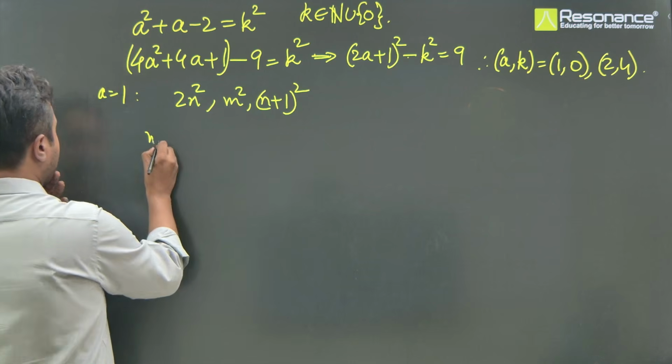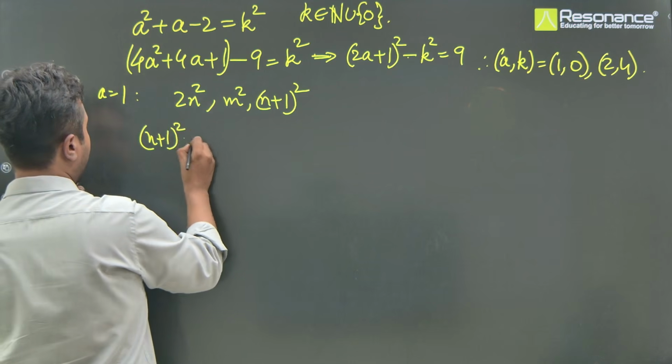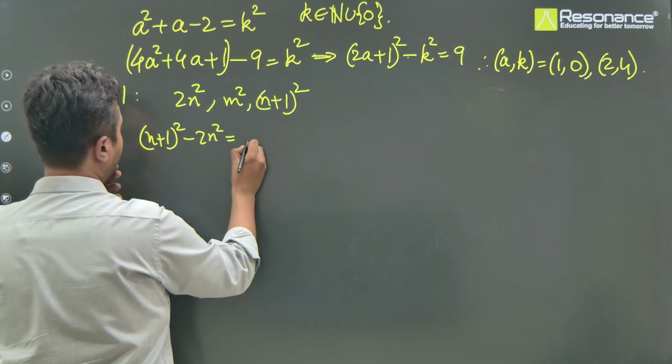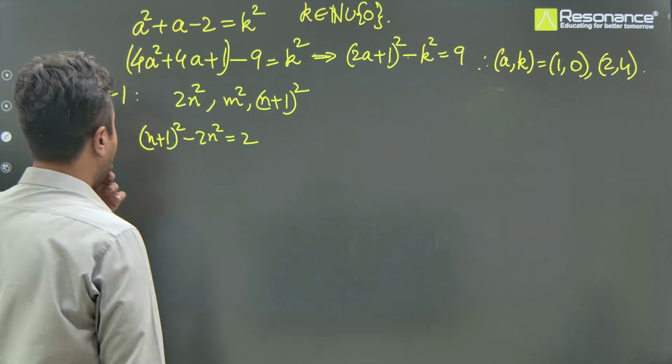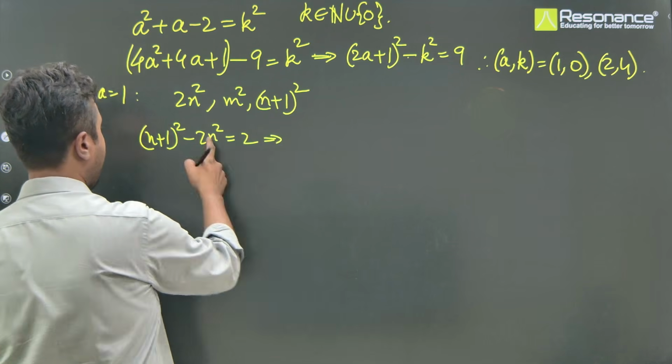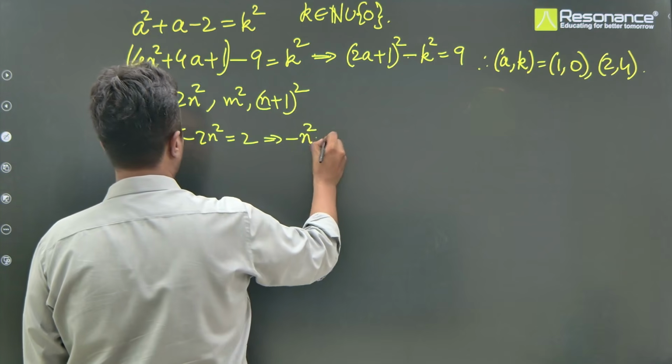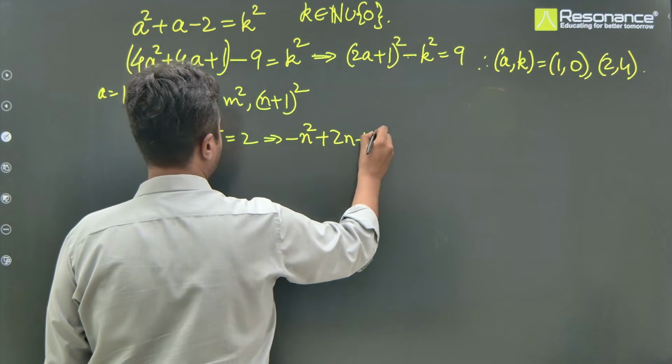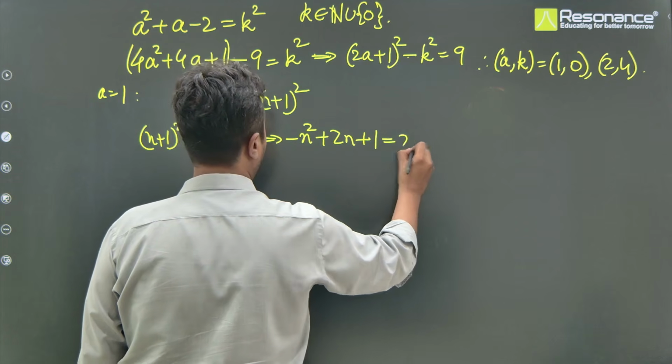So now n plus 1 whole square minus 2n square must be equal to 2. Let's just see if we are getting the right answers this time. So I would have minus n square plus 2n plus 1 is equal to 2.